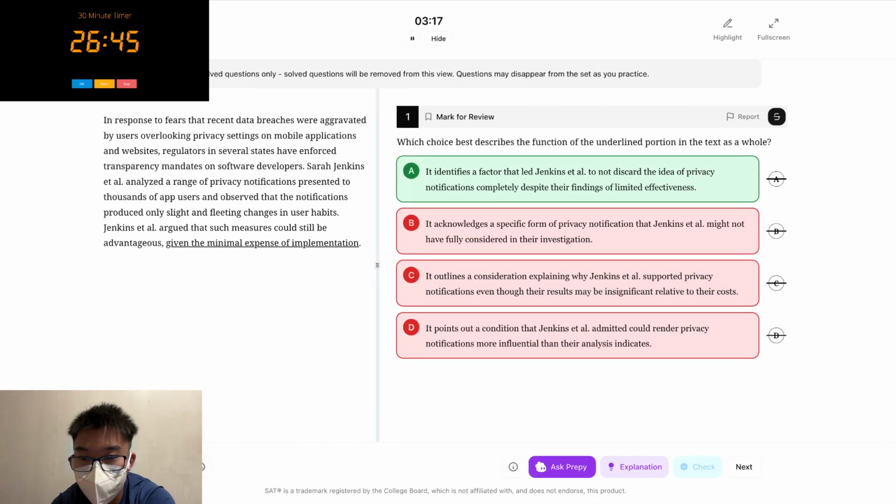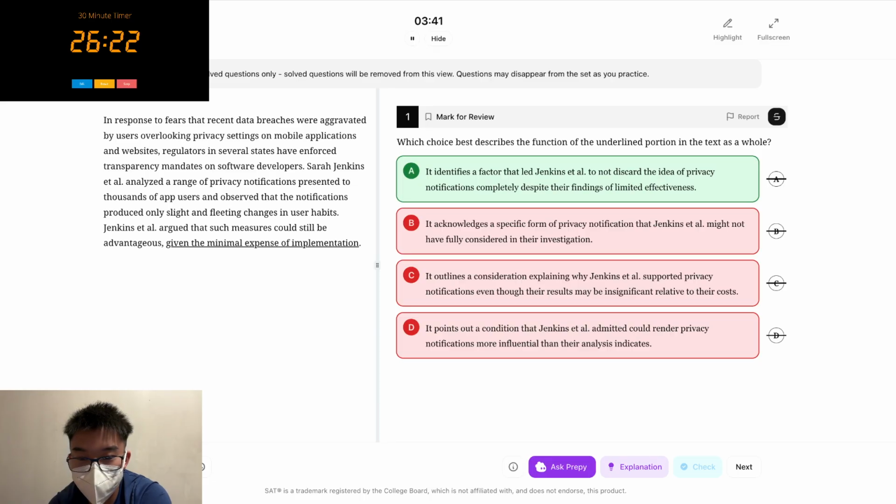Alright, because I gotta reread this one. Let me see. Why support privacy may be insignificant and irrelevant to the cost. I think for this one, it's the cost. No, I'll go back to this one later.